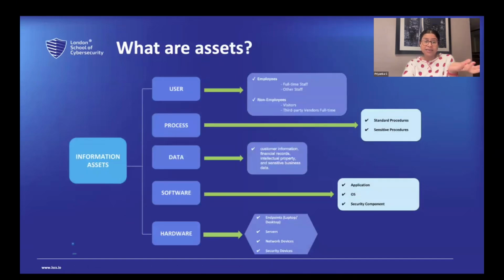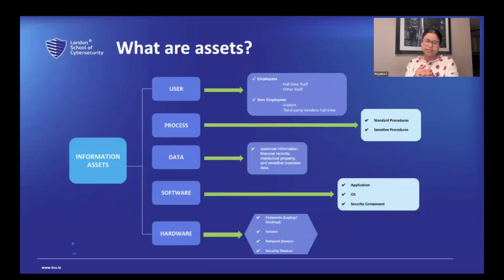Now, what are assets? Assets can be in many different forms and shapes. A user or a human being can be an asset. You can have a business process or an IT process; a process can be an asset. Data, we all know, is an important asset. Data could be customer information, our financial information, our profit and loss information, or, if you are a product organization, then obviously the information about your product and the intellectual property, all of that comprises data.